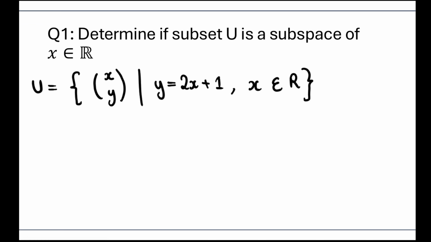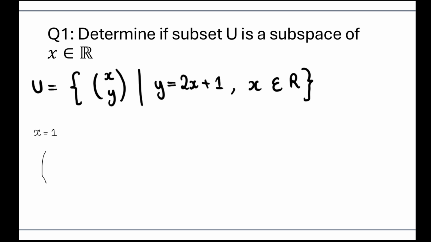So determine if subset U is a subspace of R². We have a subset where we have (x, y), given that y is equal to 2x plus 1, and x is all real numbers. So let's say we put x is equal to 1.